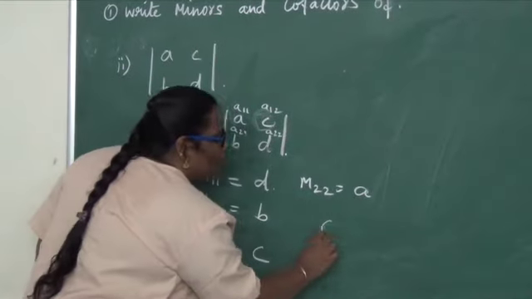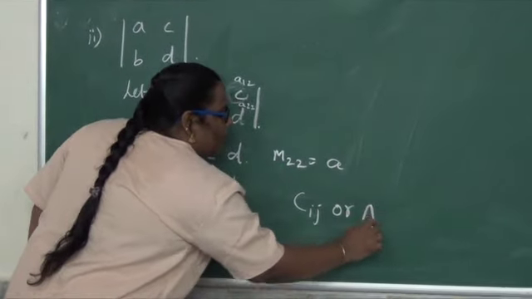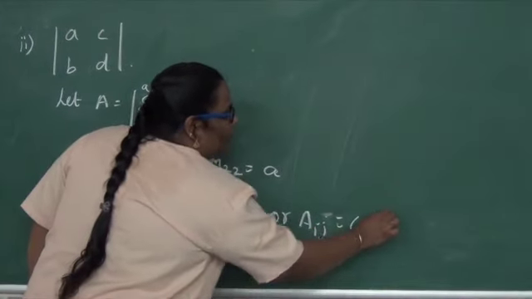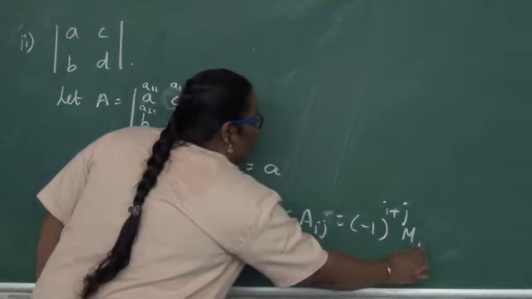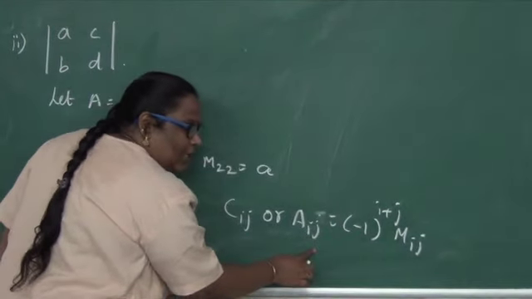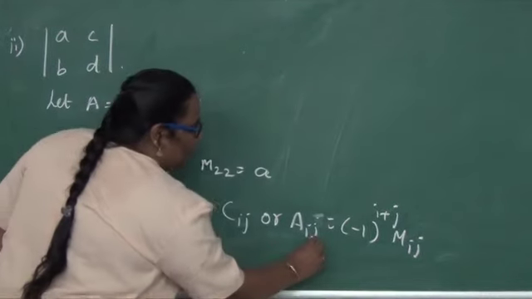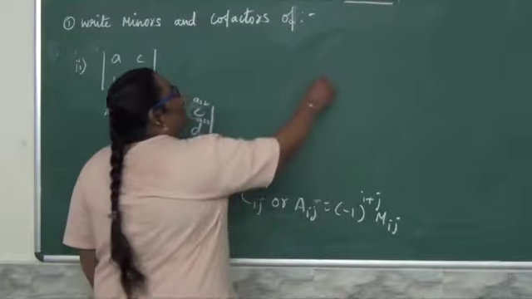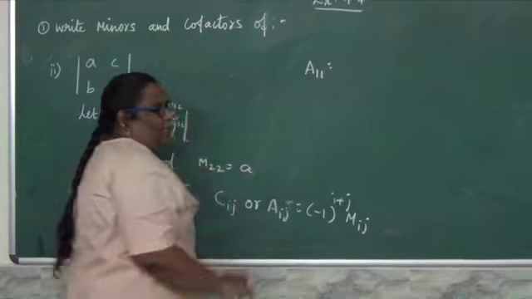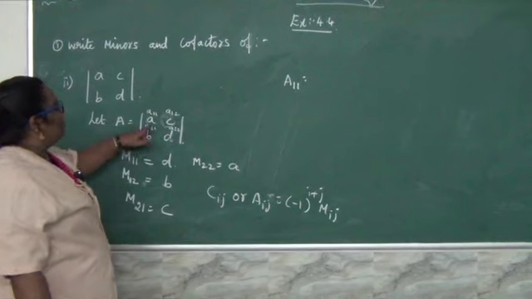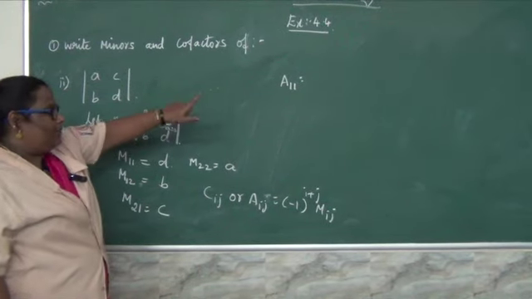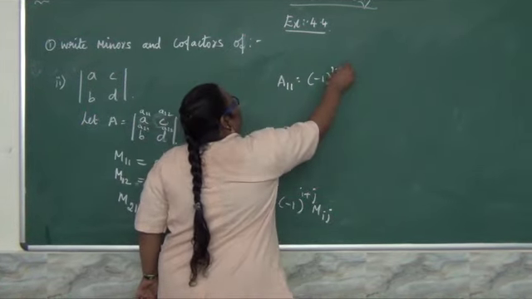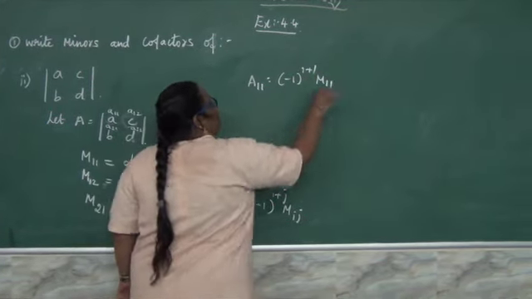For the cofactor Cij or Aij, the formula is minus 1 whole power i plus j into Mij, where i represents the row and j represents the column. The cofactor of the first element a, that is A11, equals minus 1 whole power 1 plus 1 into M11.